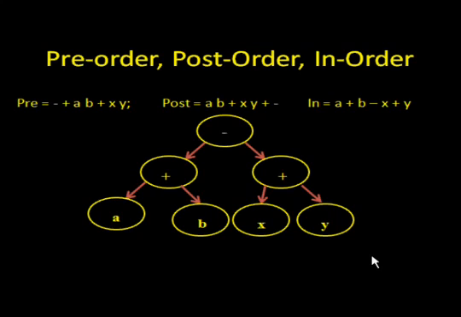Now, we talked about the different traversals you can do: pre-order, post-order, and in-order. Note that you can use these different ways to traverse the tree to rewrite the equations of the tree. So if you did it by pre-order, you would go the minus sign, and then the plus sign, and then the A, then the B, then the plus sign, and X and Y. Likewise, if you did it in post-order, it would be A, then B, then plus, then X, then Y, then plus, and then minus.